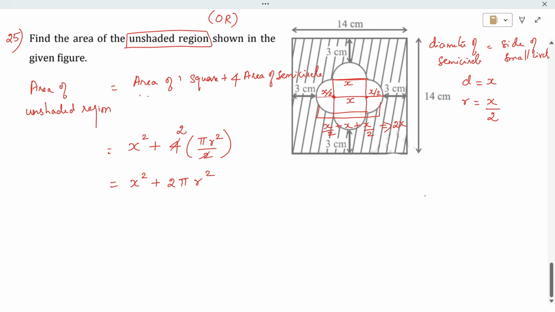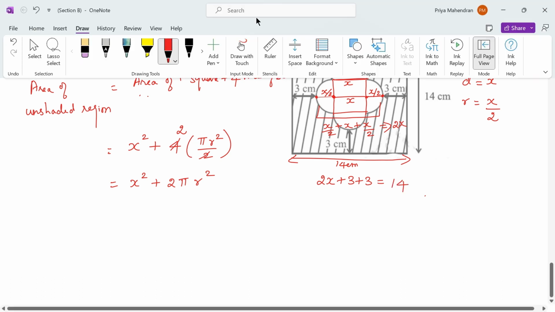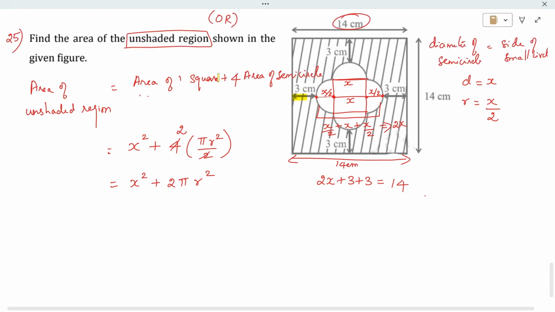So I know the length from the curve of the semicircle to the other end of the semicircle is going to be 2x, and on either side there is a width of 3 centimeter. So 2x plus 3 is going to be the bigger side of the square, that is 14 centimeter given in the figure, isn't it? So I'm equating to 14. Do you understand? So I am just equating this length to 14 centimeter. Okay, I'm adding all the required details.